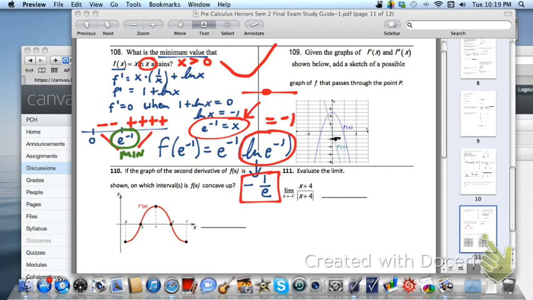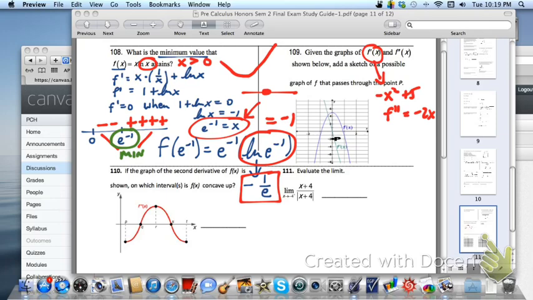109, we're given the graphs of f prime, and f prime is the parabola, the blue graph, and then f double prime is the straight line. And we should be able to tell that f prime is like a negative x squared. So negative x squared, was that like plus 5? F double prime then would be equal to negative 2x.